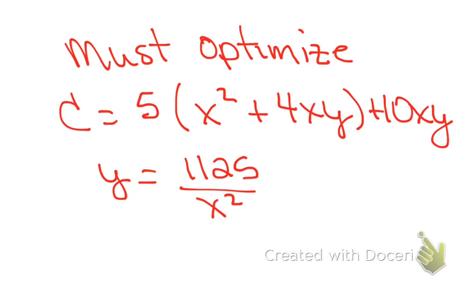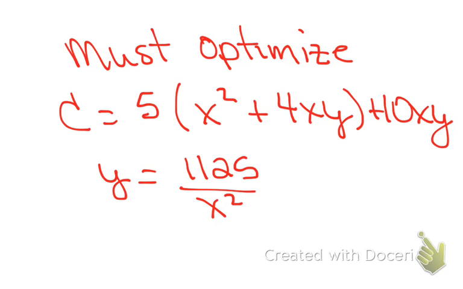Now, we need an equation to optimize, and we're told that we must optimize the cost, which is 5 times the quantity x squared plus 4xy plus 10xy, and we're going to use the information from the constraint equation, which tells us that y is equal to 1125 over x squared.